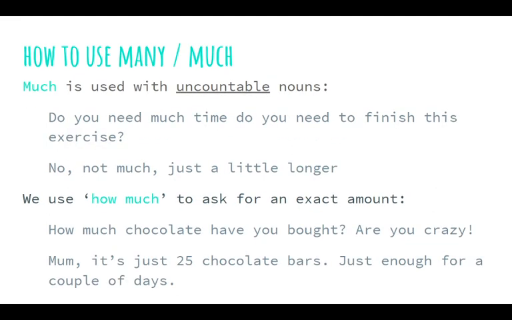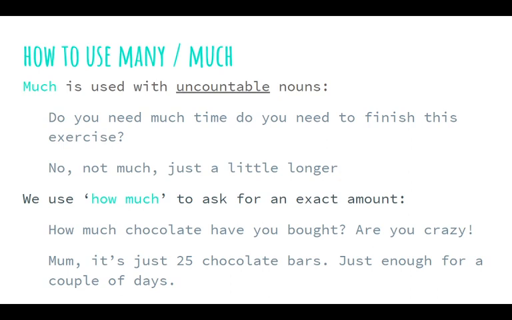And much is used with uncountable nouns. For example, do you need much time to finish this exercise? No, not much, just a little longer. And we use how much to ask for the exact amount. How much chocolate have you bought? Are you crazy?